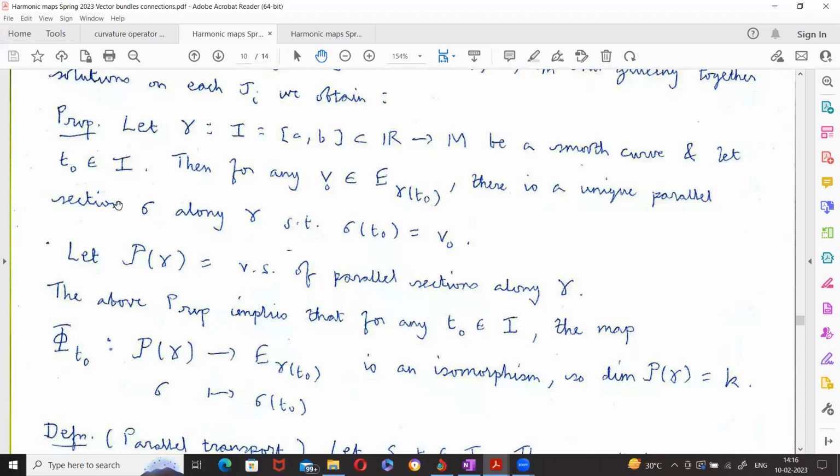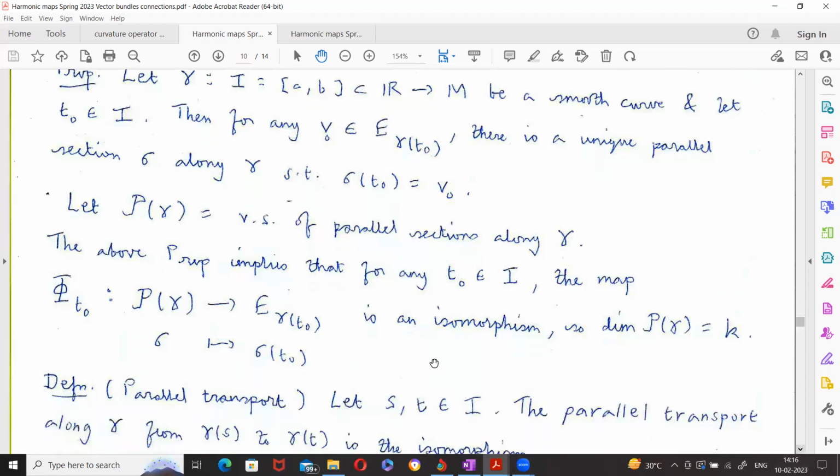Now, what does the above proposition here imply? It implies that if I take any T naught in the interval I, then if I look at the evaluation map, let's call it capital phi sub T naught. So this goes from the vector space of parallel sections to the fiber at gamma T naught. So it's just the evaluation at time T naught. Sigma goes to sigma T naught.